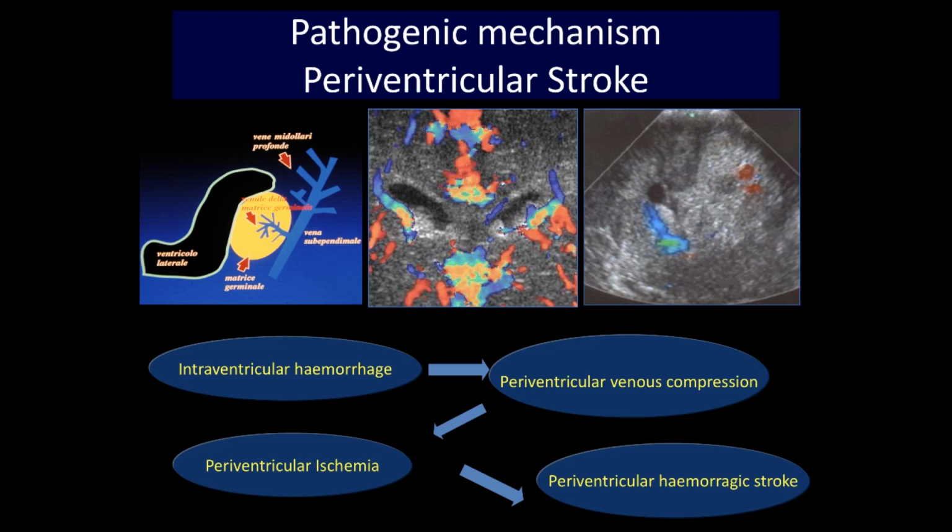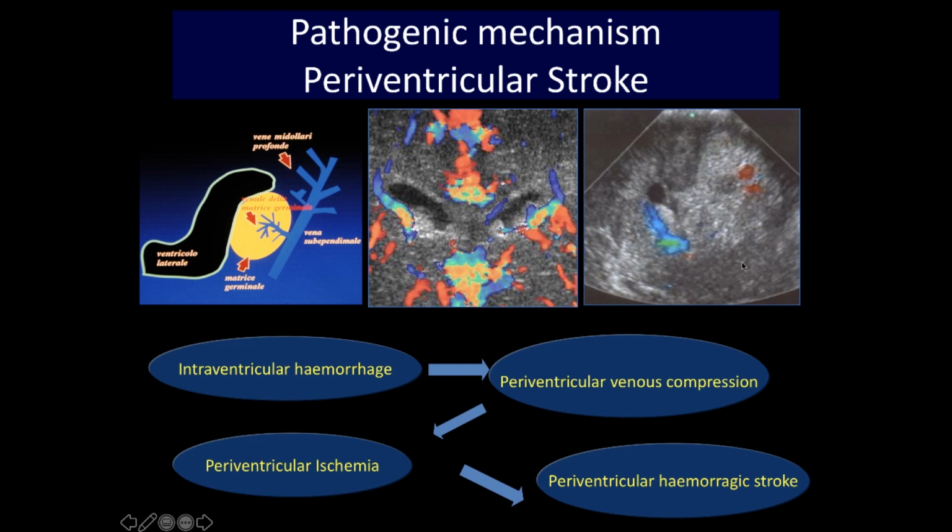The presence of blood leads to compression and congestion of periventricular veins. The compression of these periventricular veins leads to periventricular ischemia, and this periventricular ischemia is the cause of periventricular hemorrhagic stroke. As we see here, this is a wide area of hemorrhagic stroke.